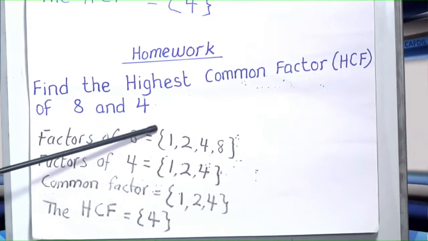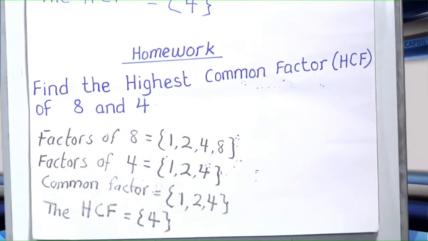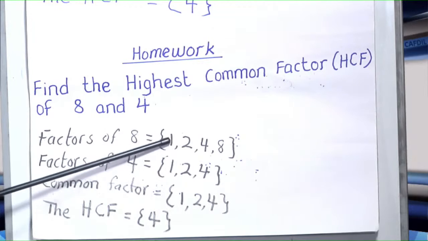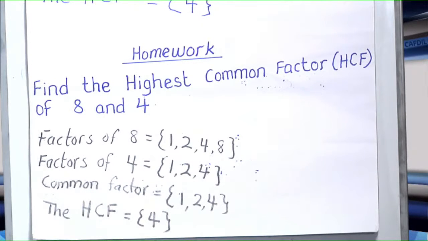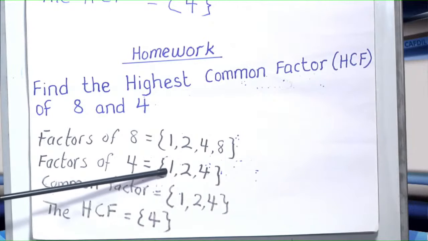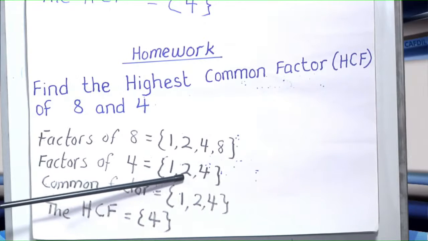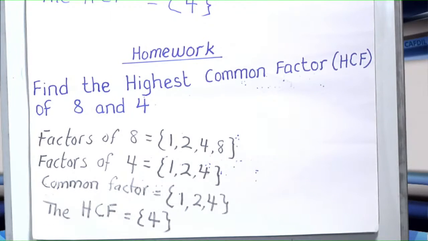It's the set because I've written the set there. So the factors of 8, we have 1, 2, 4, and then 8. Then let's come to the set of factors of 4. That one too, we have 1, 2, and then 4.